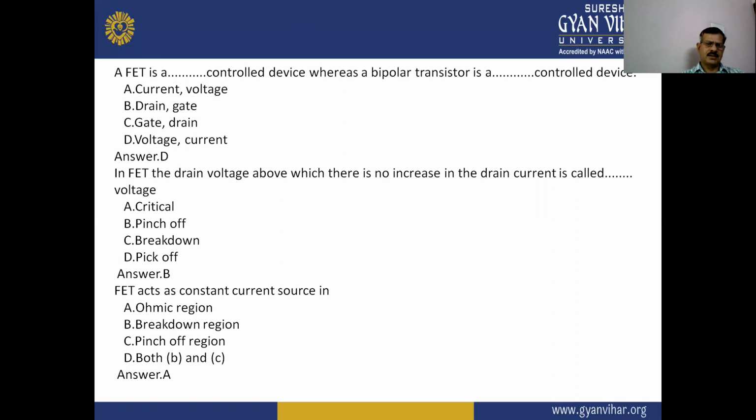In a FET, the drain voltage above which there is no increase in the drain current is called what voltage? Option A, critical voltage, option B, pinch off voltage, option C, breakdown voltage, and option D, peak voltage.